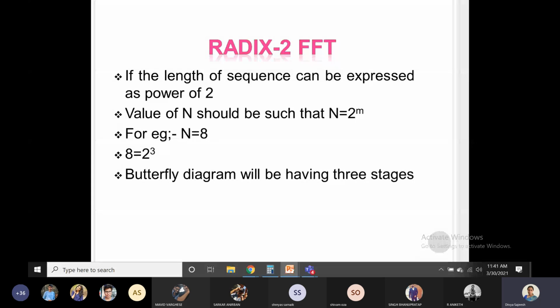So in radix-2 FFT, we will express the number of sequence, that is N, the length of the discretized component in the frequency domain.